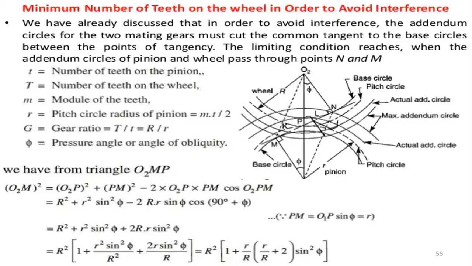Here in the picture you can see the small t, which is the number of teeth on the pinion, and capital T is taken as the number of teeth on the wheel.